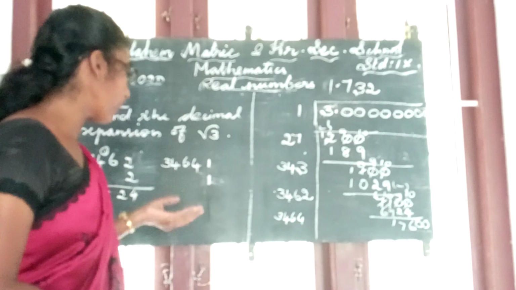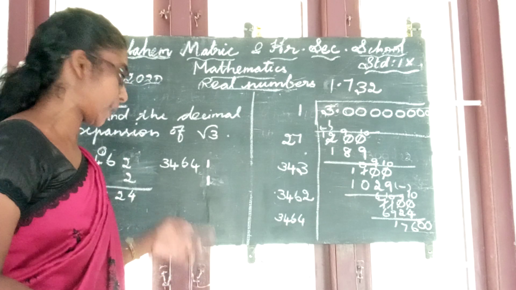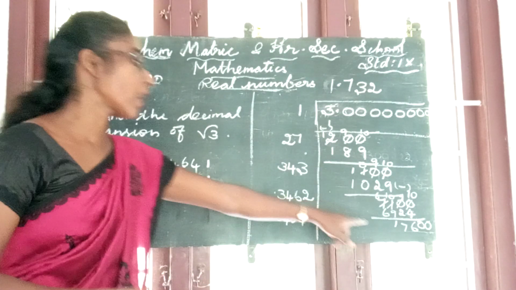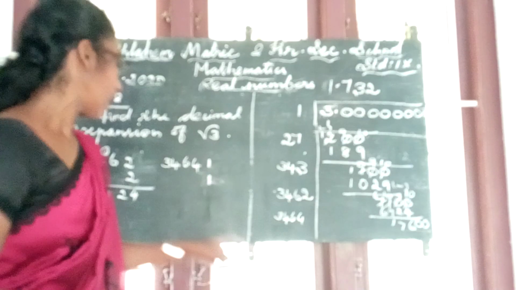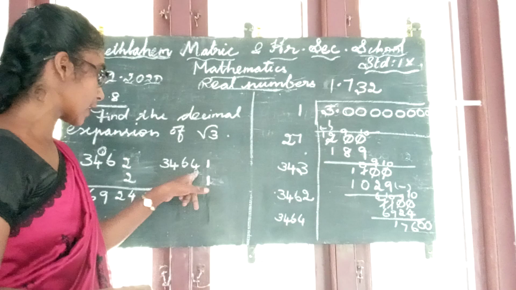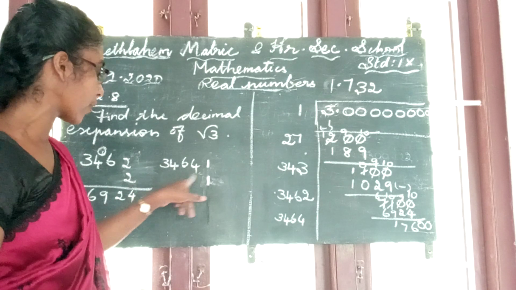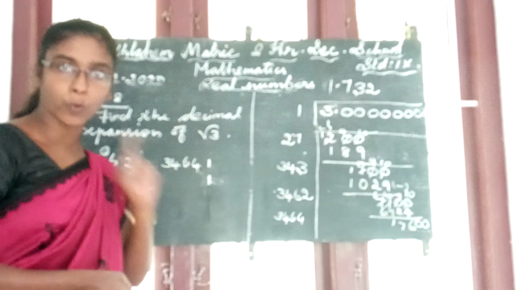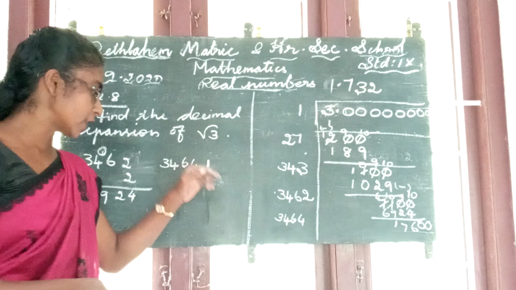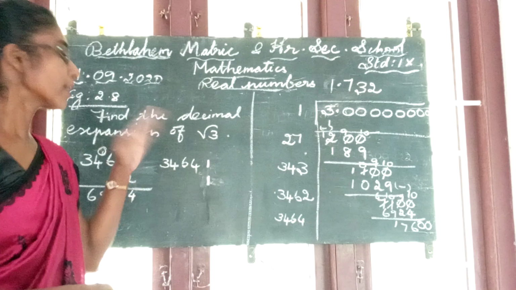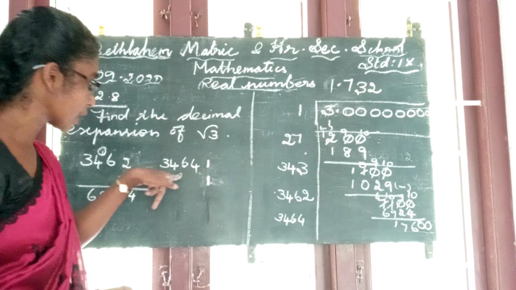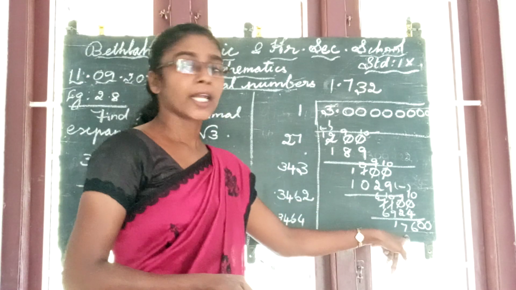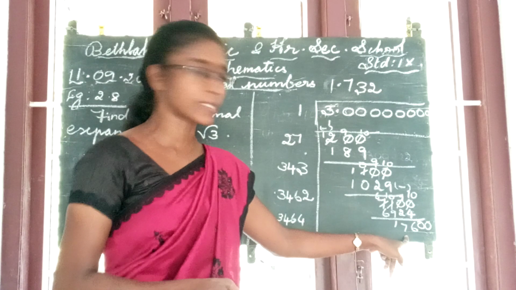Here, one number, if I multiply with 1, the number is greater than 17,600. This is 3,464 we got. We have to add one more number, 1, if I am writing. With 1 multiplying also, 34,641 will be got. That number will be greater than 17,600.